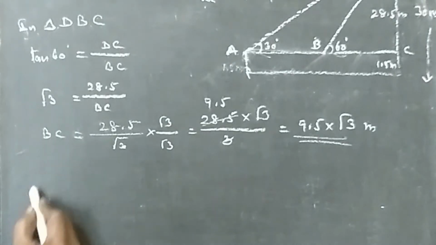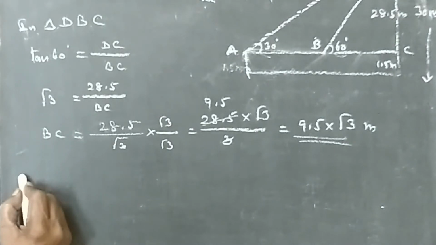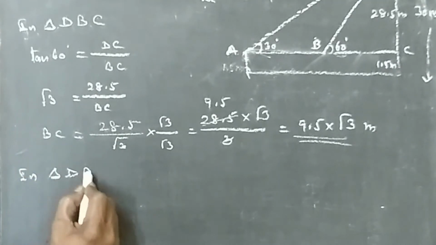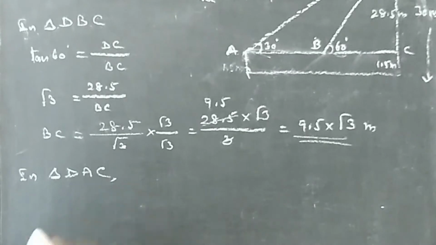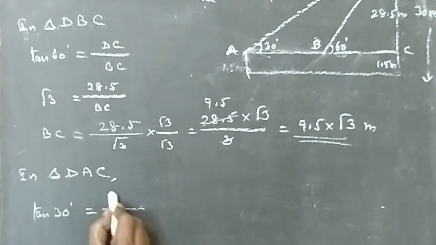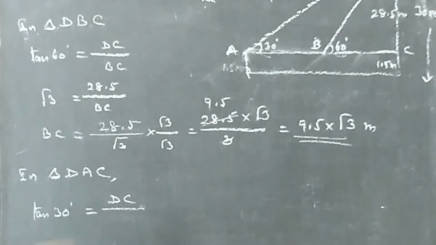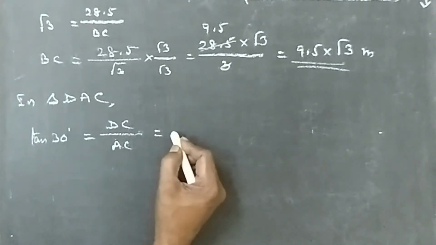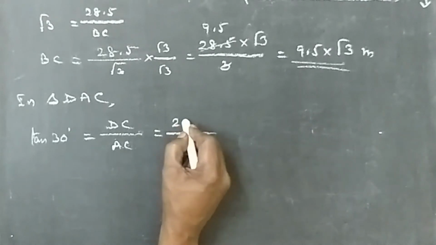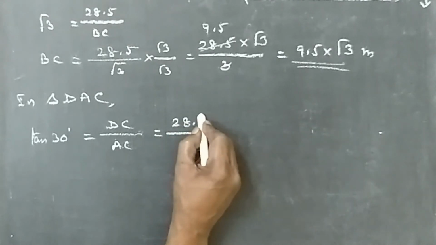Now in triangle DAC, tan 30 is equal to the opposite side, that is DC, by AC. This equals DC, which is nothing but 28.5.